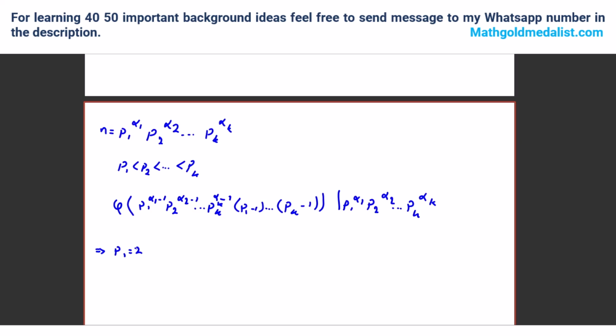No, we cannot say. You said they are powers of 2? No, I said that p_k minus 1 would be 2 raised to b1, p2 raised to b2, until p_k minus 1 raised to b_k.